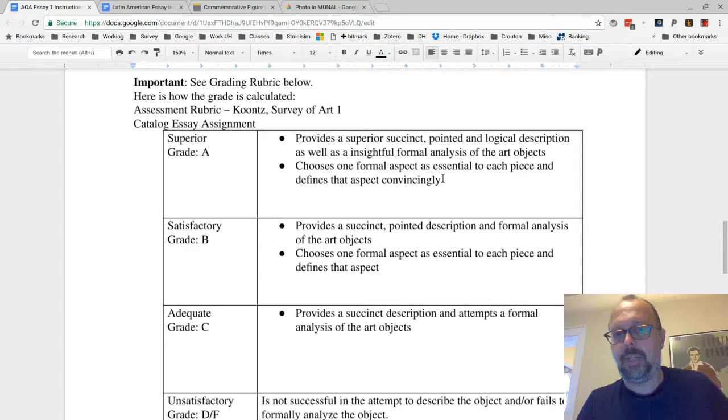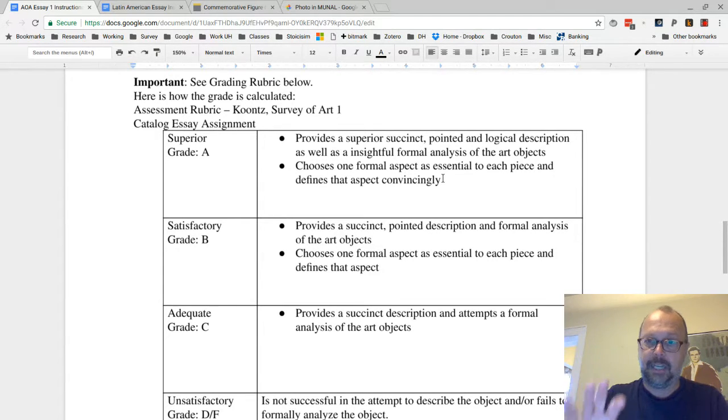What I mean by a pointed and logical description is that they really get at the process of looking, or the process of seeing the piece, and they do it logically, top to bottom, left to right, or bottom to top if that's more appropriate. The order is not interesting to me. What's interesting to me is the fact that they employ an order.